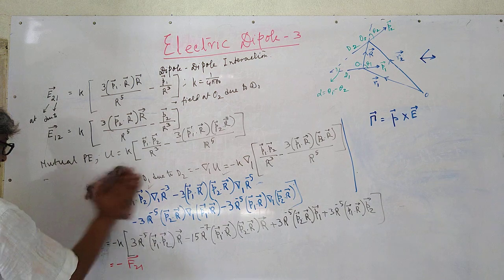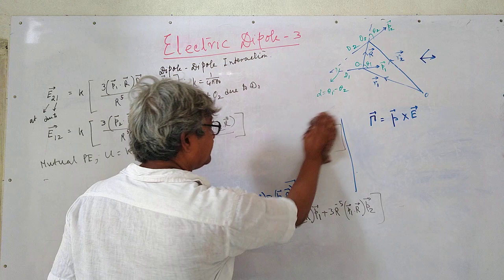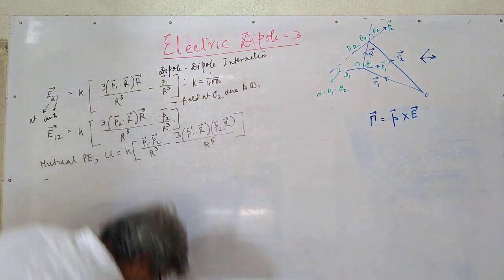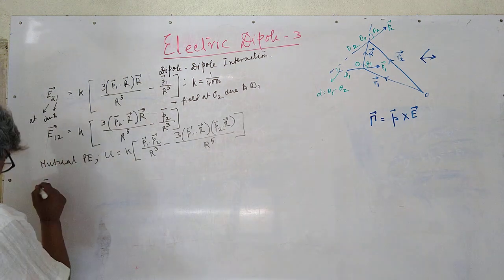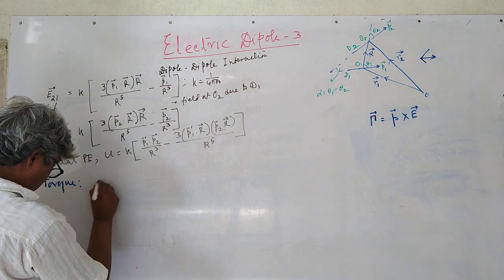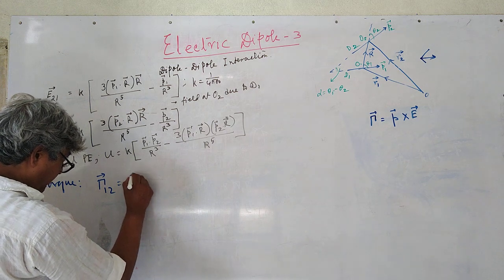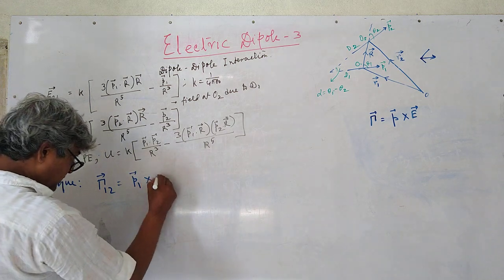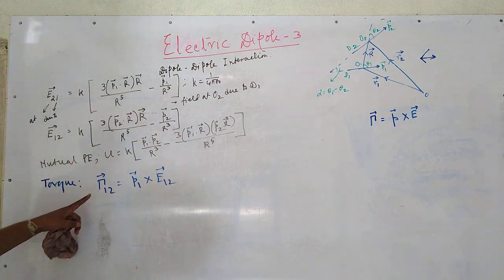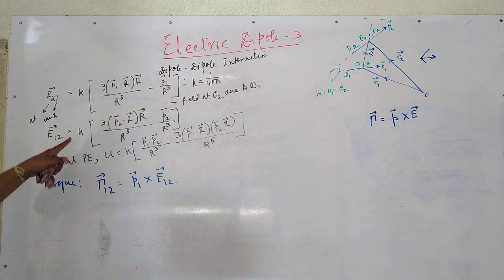Let me work it out in detail. Torque on 1 due to 2. So this is P1 cross E12. And we have an expression. So this is the torque on dipole 1 due to dipole 2. And we know the expression for this.